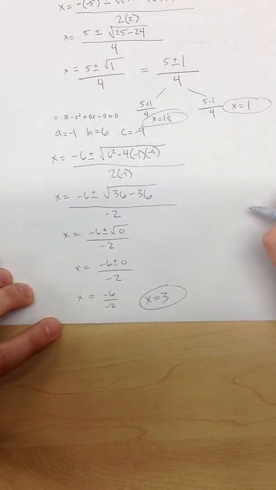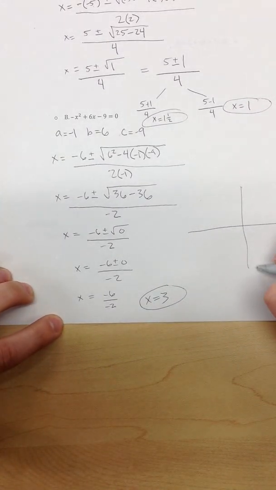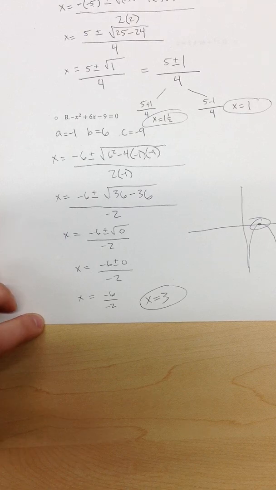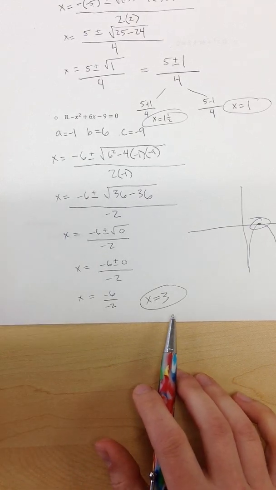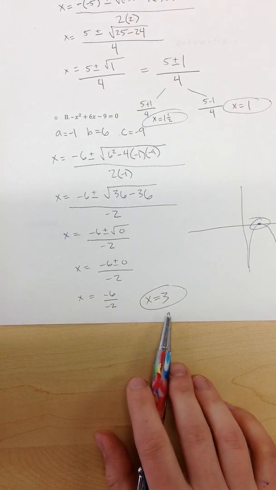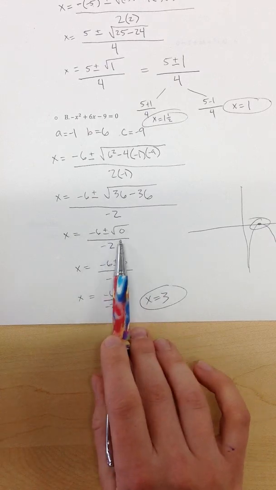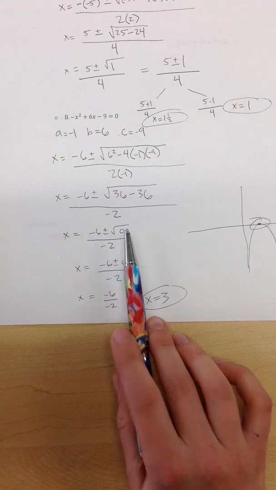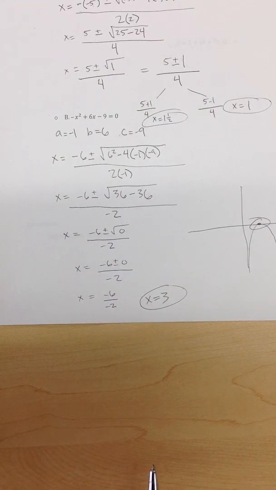So this would be a situation when we graph it where it's only crossing that axis in one spot. So sometimes you'll have that where it's just one answer there. Every time that it's one answer, under your square root is always going to be 0. So if you get to under your square root of 0, you should only have one answer for that.